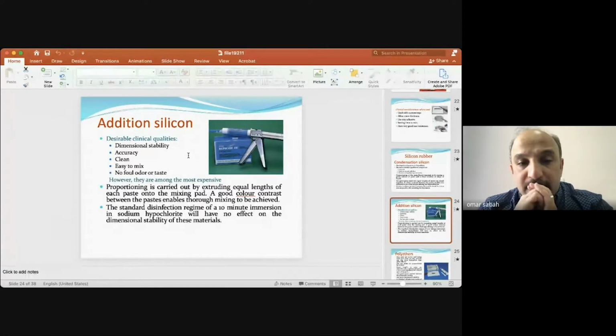The proportions are carried out by extruding equal lengths of each base on the mixing pad, with good color contrast, to achieve the same results. The standard disinfection regime of 10 minutes immersion in sodium hypochlorite will have no effect on the dimensional stability of these materials.